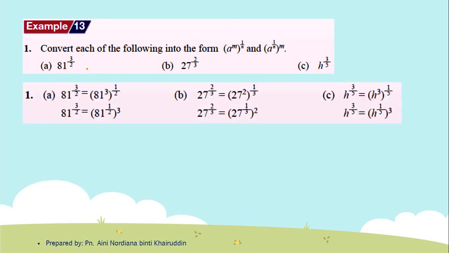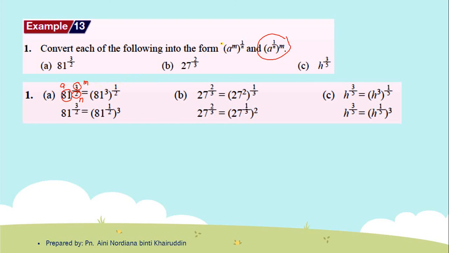So for A, the form of A to the power of M to the power of 1 over N. So this is A, this is M, and N. So in the form of A to the power of 1 over N to the power of M, so 1 over 81, 1 over N, N here is 2, so 1 over 2. So this is the question.